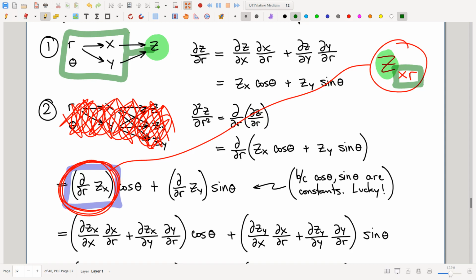Now, if I were to view z as being just the output from the second function, then yeah, sure, z is a function of x and y. And if I were to view z as being the output from the composition, well then z is a function of r and theta. But you've got to pick one, right? Are we talking about z as being the output from the second function, or is z the output of the composition? Those are your choices.